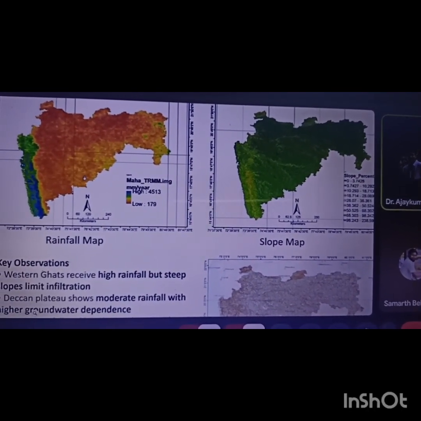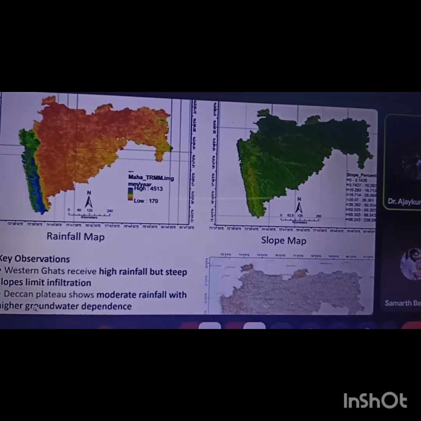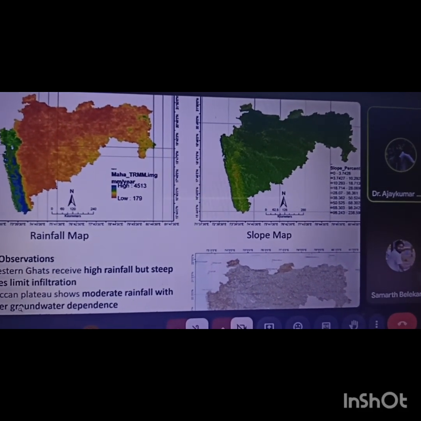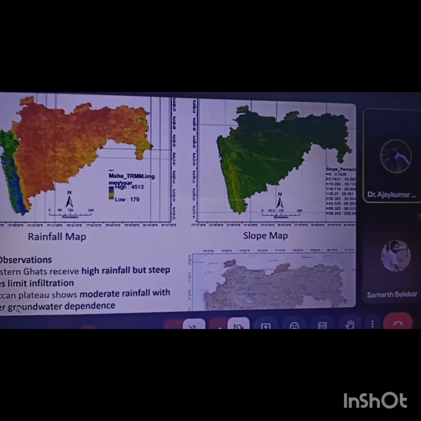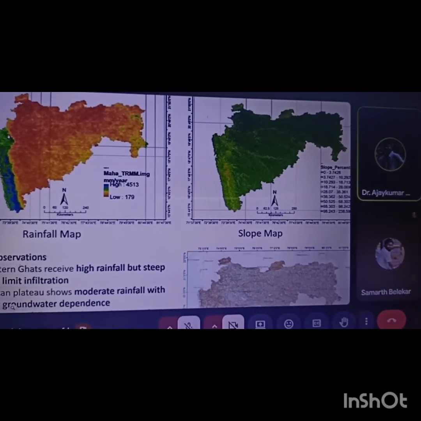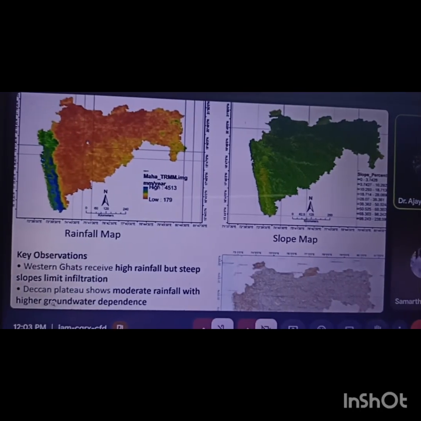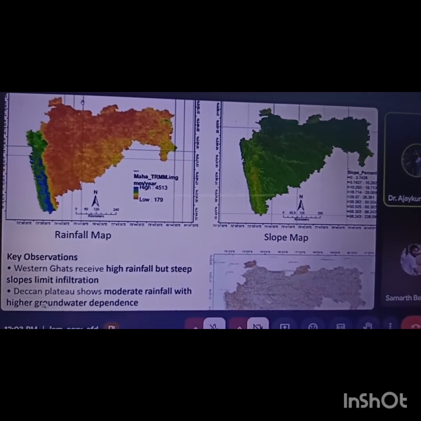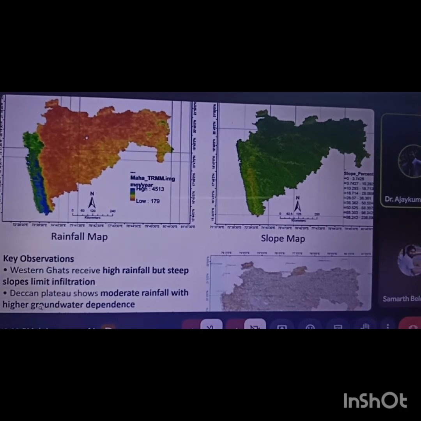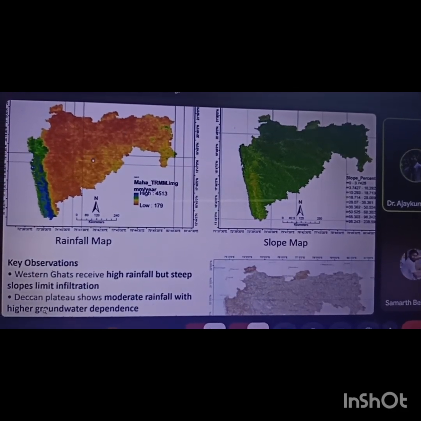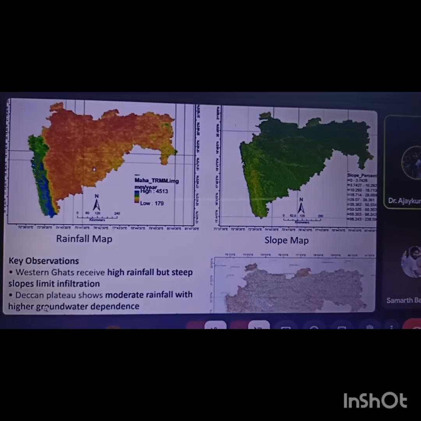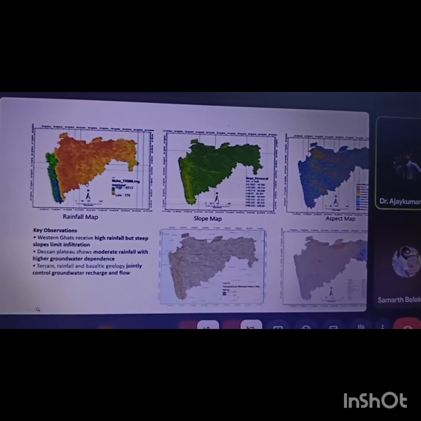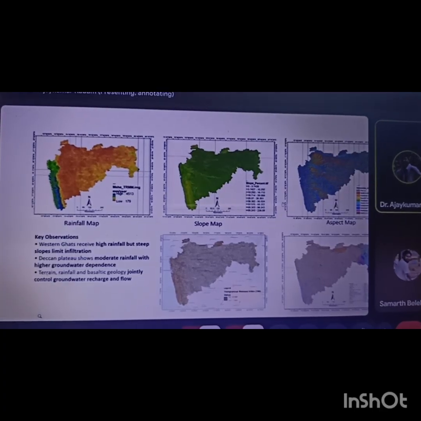So you get rainfall per year, and the lowest rainfall will be in this part and higher rainfall will be in that part. The rainfall per year will be higher in the Western Ghats, while the other part of Maharashtra, this part, is the rain shadow zone. Then there will be the lowest rainfall also. So this synoptic view of rainfall you get from the TRMM data.